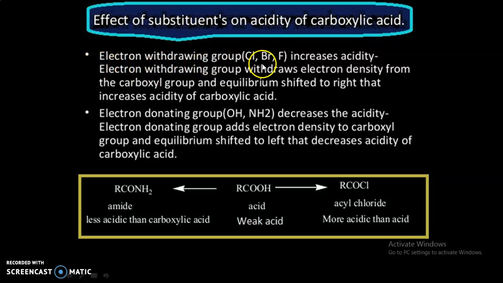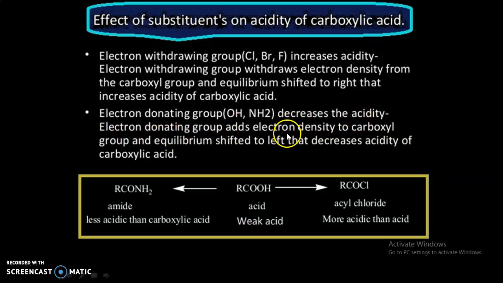Electron withdrawing groups such as chlorine, bromine, fluorine are electronegative groups which increase the acidity. An electron withdrawing group withdraws electron density from the carboxyl group and the equilibrium shifts to the right. That increases the acidity of carboxylic acid. Electron donating groups such as OH, NH2, CH3, methoxy are groups which decrease the acidity.